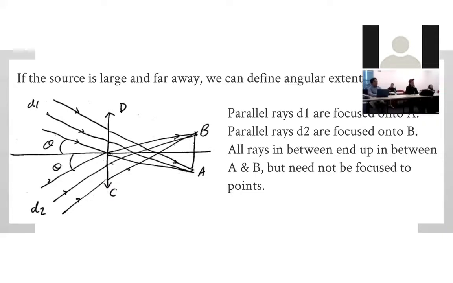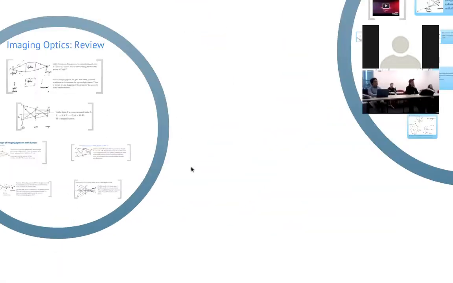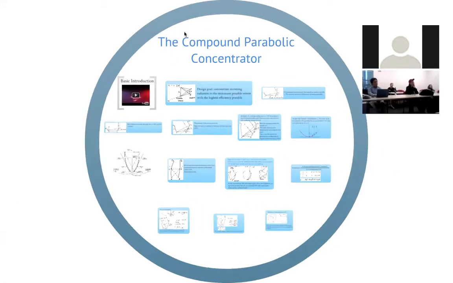So the compound parabolic concentrator here is an example of a non-imaging optical element that does not form the image of the sun, or whatever it's trying to collect energy from, but it can collect its energy. So let's take a look at what it means and how we design this, and we'll use this as an example to understand the fundamental concepts of non-imaging optics.